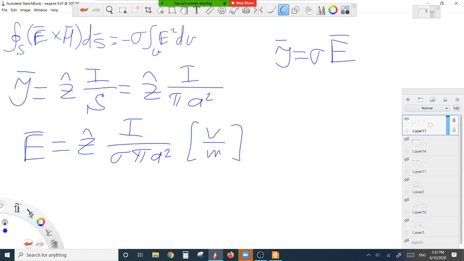And what about the magnetic field intensity? The magnetic field intensity H at the surface of the conductor may be calculated from Ampere's law, which we already know.